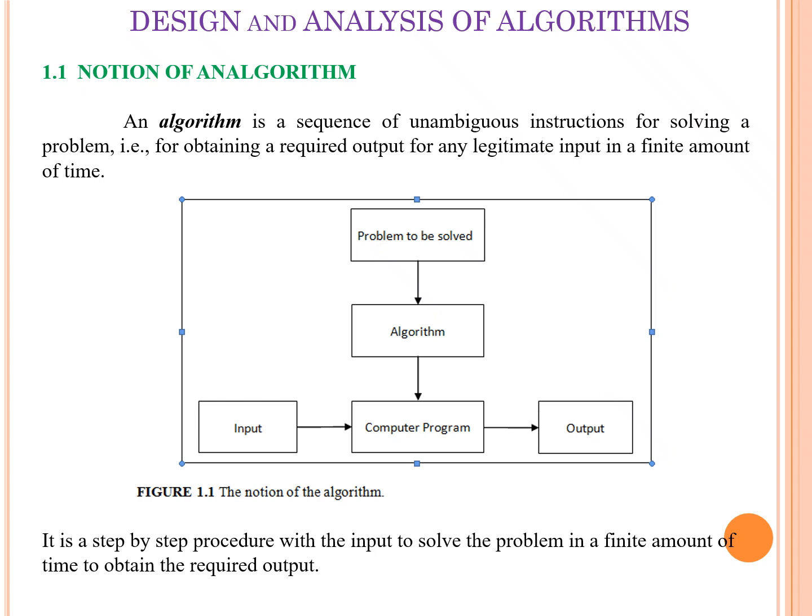They have given the notion of algorithm diagram. The problem to be solved is written in the form of an algorithm. Then the algorithm is converted into a computer program. The computer program can be written in any language; algorithm is common to all languages. If the input is given, the output will be generated. That is all your algorithm is about.